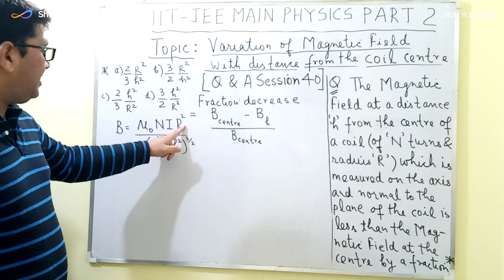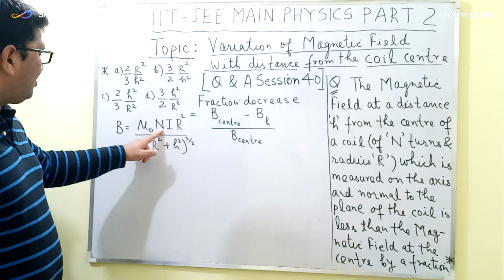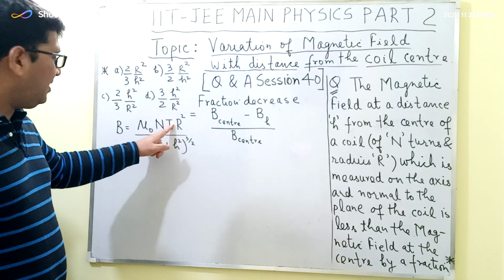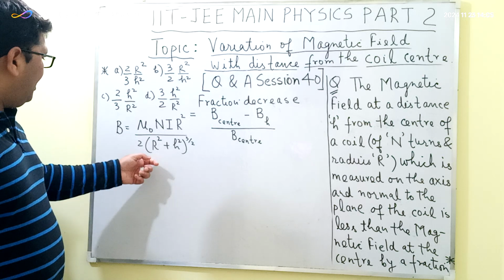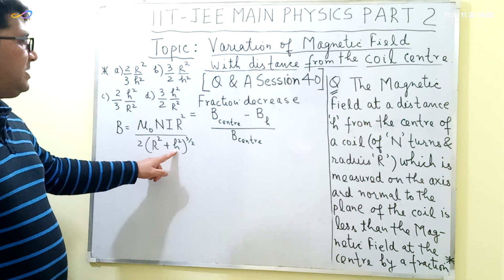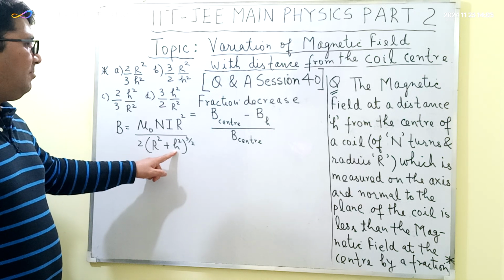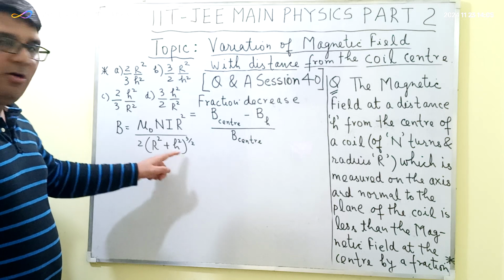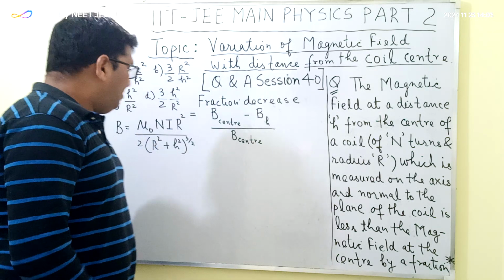So here r is the radius of the coil, n is the number of turns, I is the current which is flowing in the coil, and h is the distance from the center of the coil on the axial line of the coil.